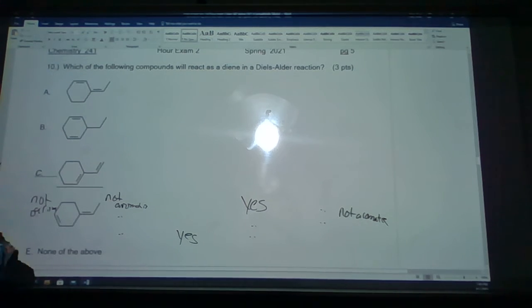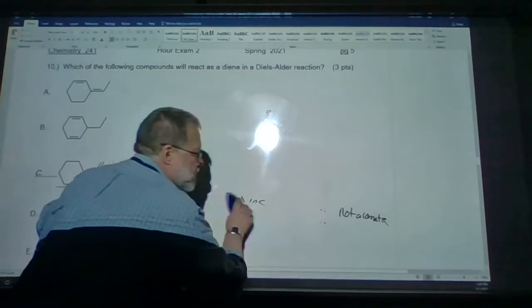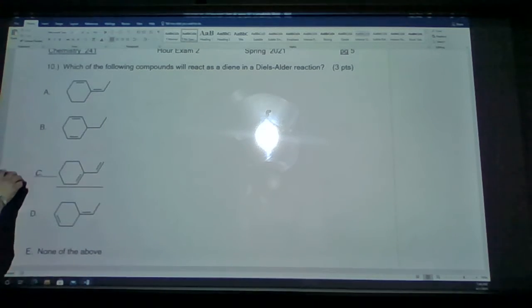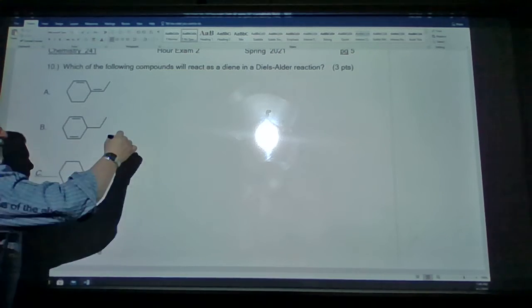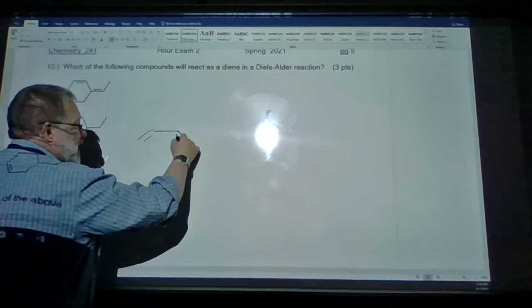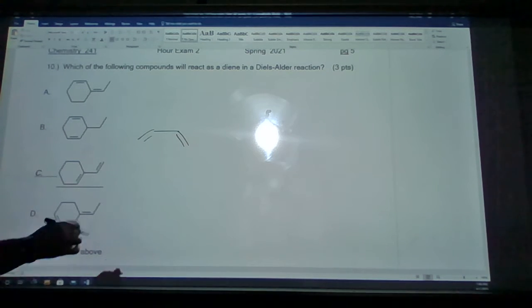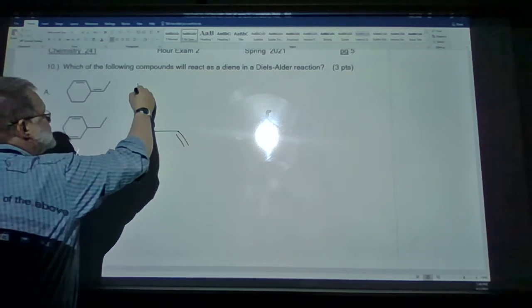Number 10, which one of these compounds will react as a diene in a Diels-Alder reaction? In a Diels-Alder reaction, the diene has to be able to get into an s-cis conformation.